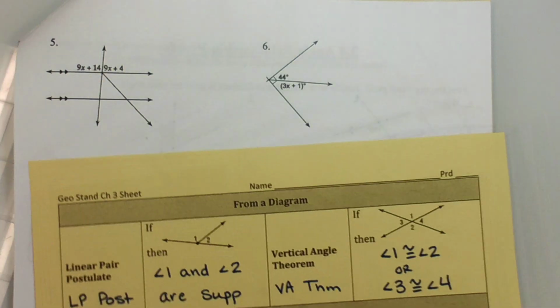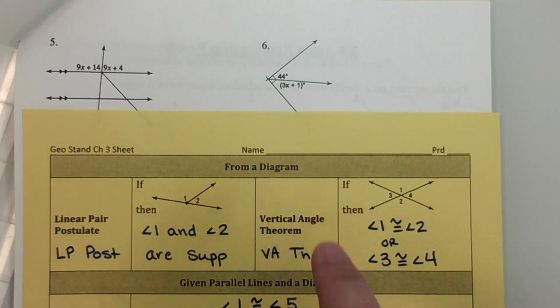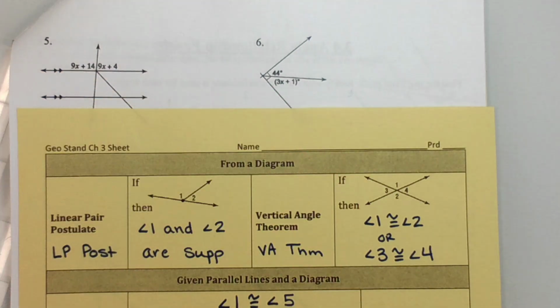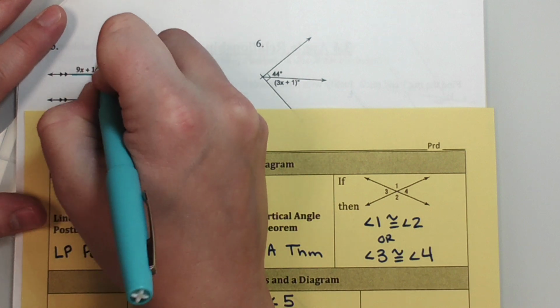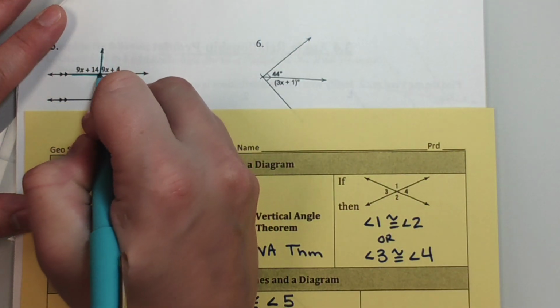To determine if it's one of my old style, my linear pair, my vertical angles, or my adjacent, the first thing I look at is, do they share a vertex? Yeah, they share this vertex. In fact, there's one angle, there's the other angle.